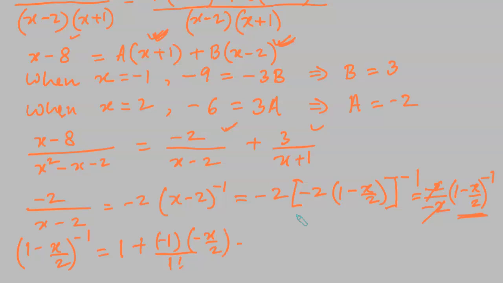Plus negative 1 times negative 2 over factorial 2 and negative x over 2 whole square, plus negative 1 times negative 2 times negative 3 over factorial 3 times negative x over 2 to the power of 3, and this is an infinite series.